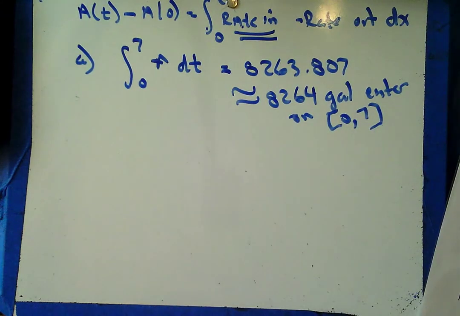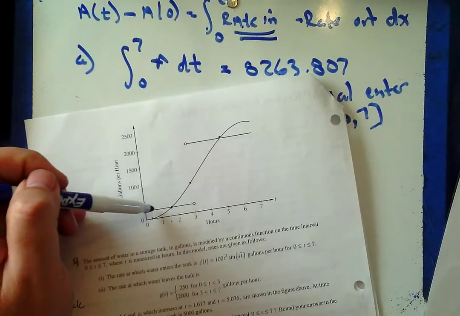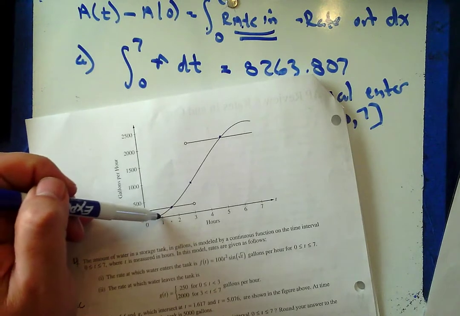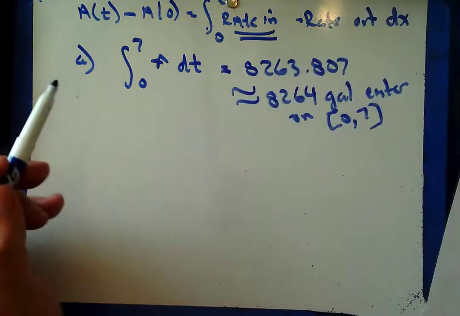Okay, part B. On 0 to 7, find the intervals at which the amount of water in the tank is decreasing. Give a reason for each answer. Oh, well, we just talked about that, didn't we? We said when g was above f, that was the rate out was greater than the rate in, the amount would be decreasing.